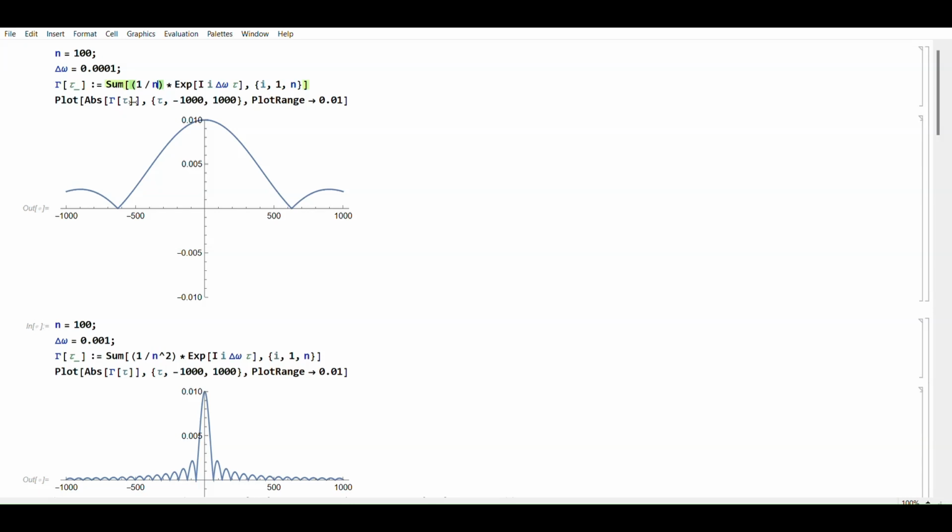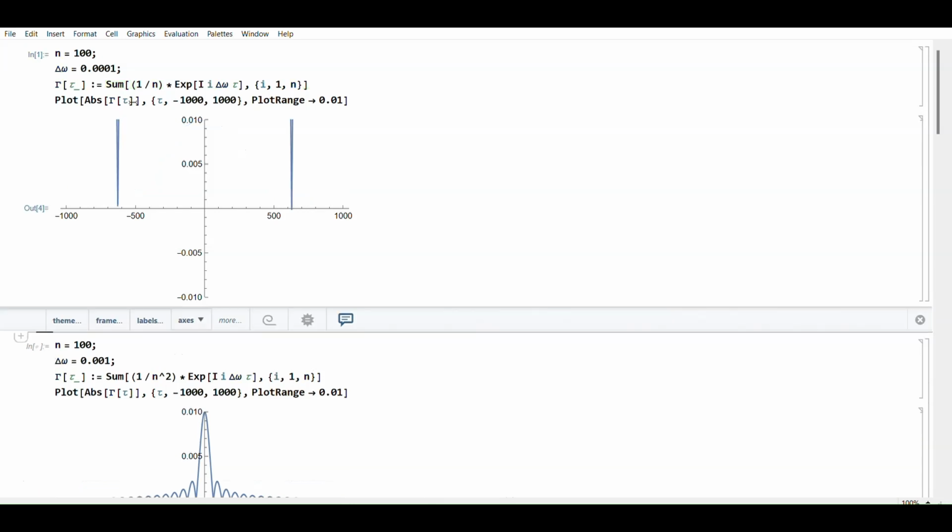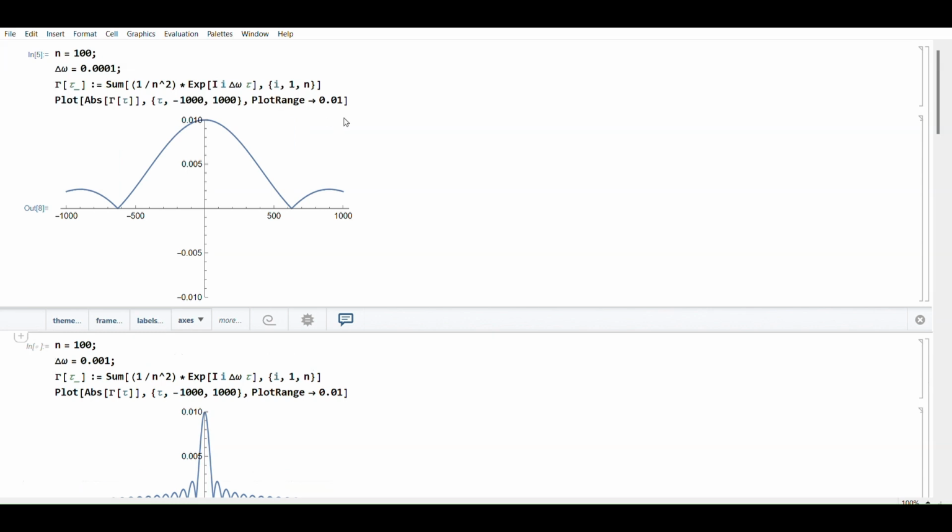So let me just, okay, something is going wrong. Okay, let me remove this plot range.